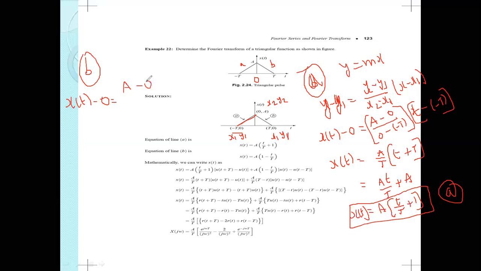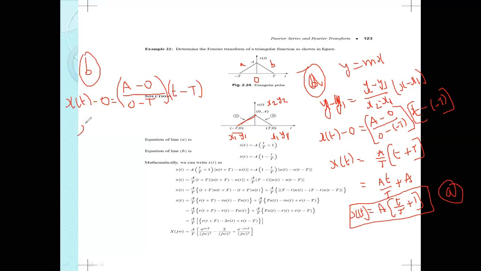The 0, whole divided by x2. X2 is 0 minus x1. X1 is t, and whole multiplied with x minus x1. What is the x here? The t. The x-axis is the t function, and the y-axis is the x of t signal. T minus x1 is capital T.